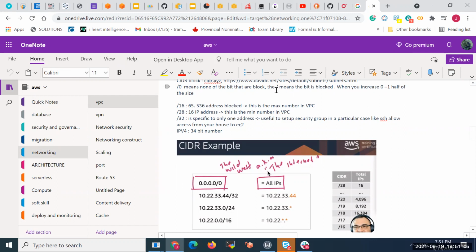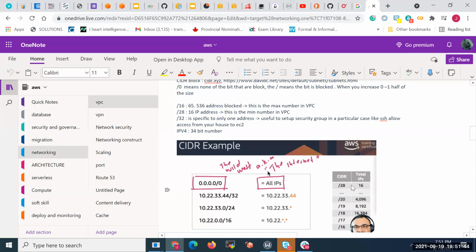And what the slash means is that the bit is blocked. So when you increase from 0 to 1, it's half of the size. You can see here, can you see my arrow? So from slash 20, which is about 5,000, to slash 19, which is about 8,000. So the smaller the slash number is, the bigger the size is.